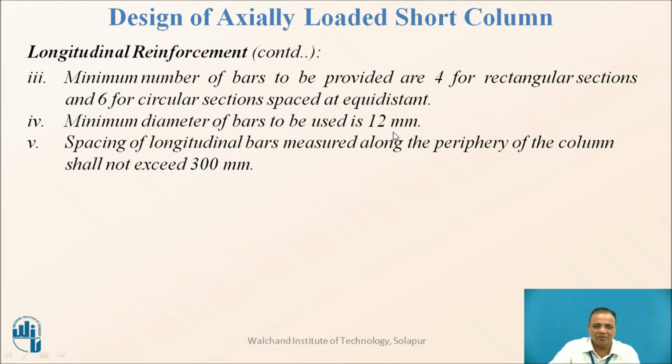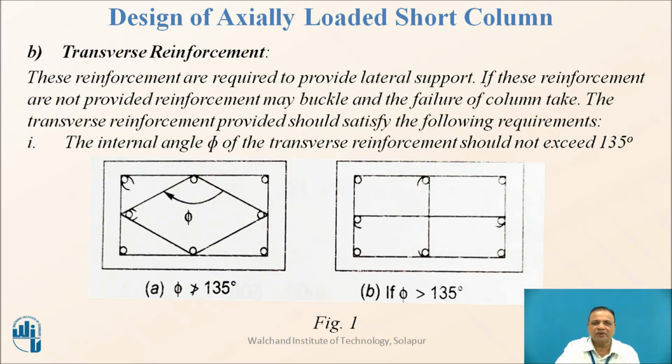So less than 12 mm we cannot use as longitudinal reinforcement in columns. The spacing of the longitudinal bars measured along the periphery of the column shall not be more than 300 mm. So these are the requirements for the longitudinal reinforcement.